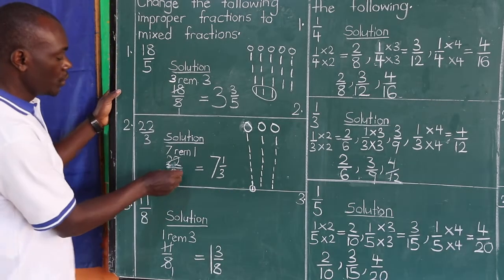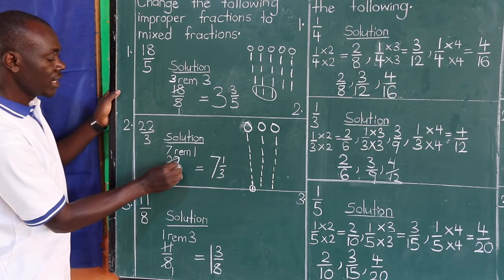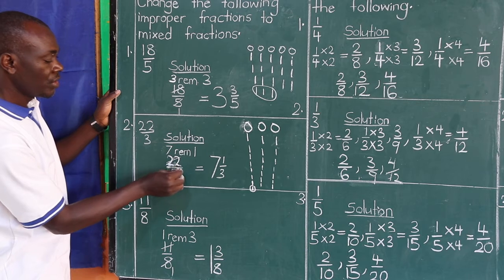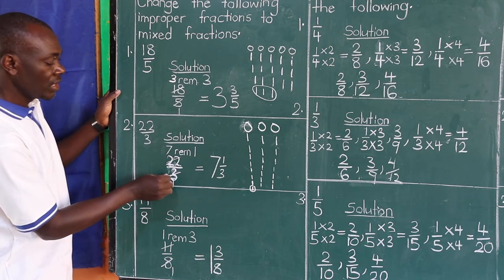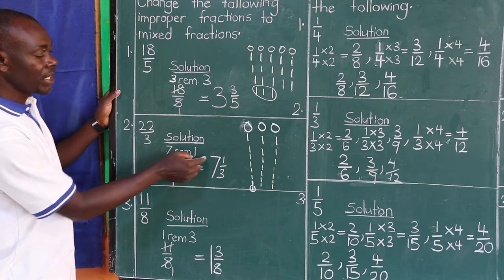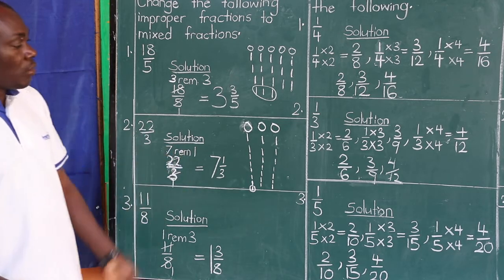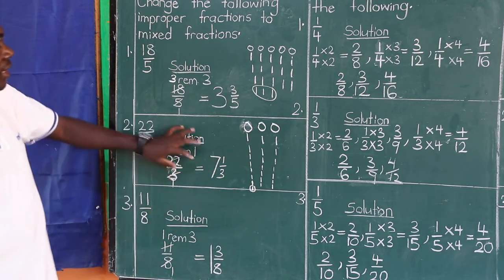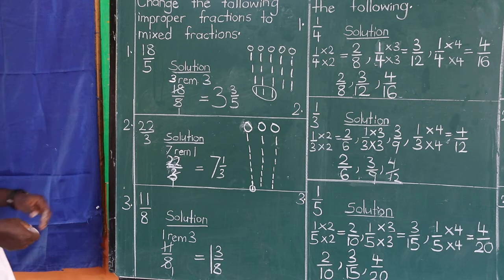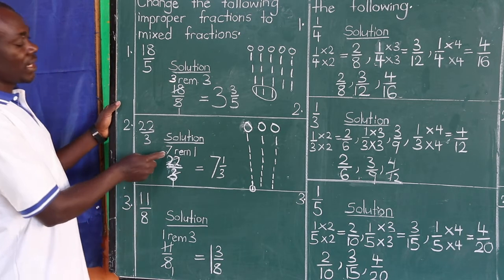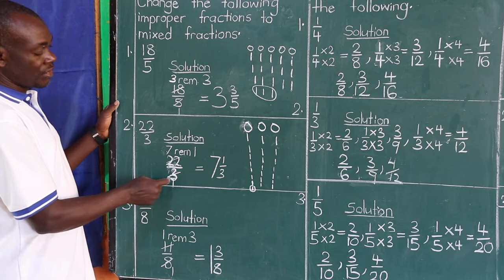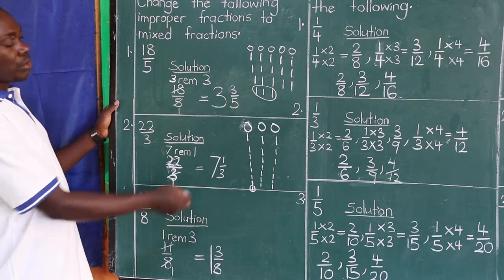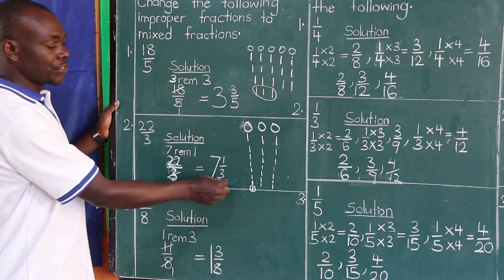So 22 divided by 3 gets 7 remainder 1. Each one gets 7 and 1 remains undivided. So the 7 makes a whole number and the 1 makes a fraction out of the 3 down here. So the answer is 7 whole numbers, 1 out of 3.